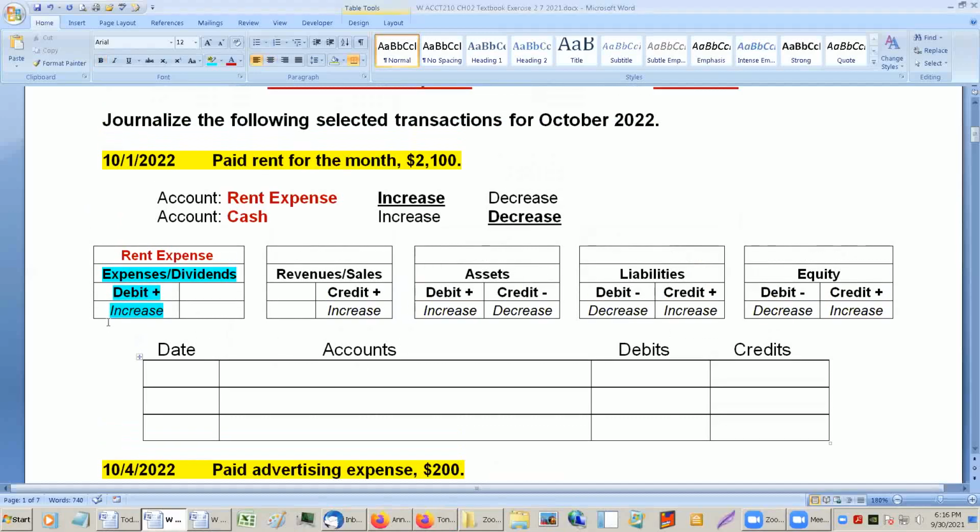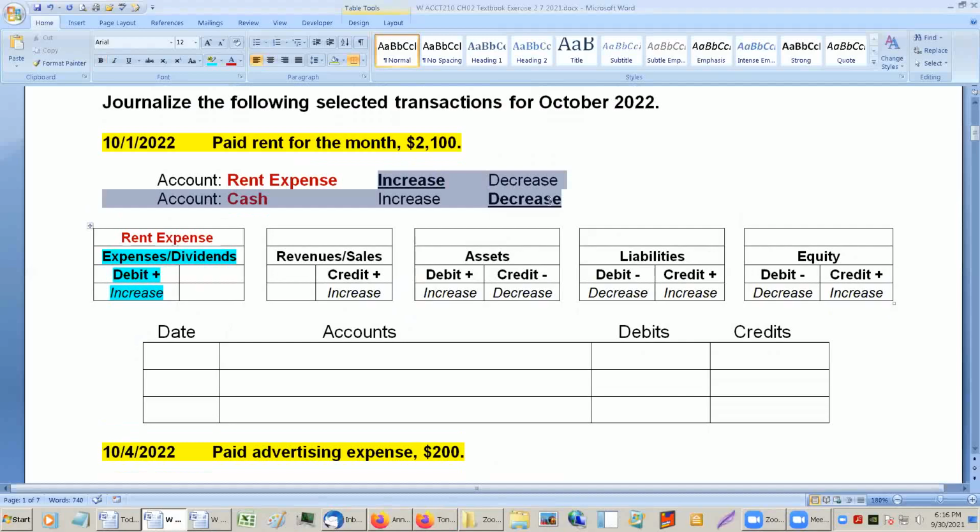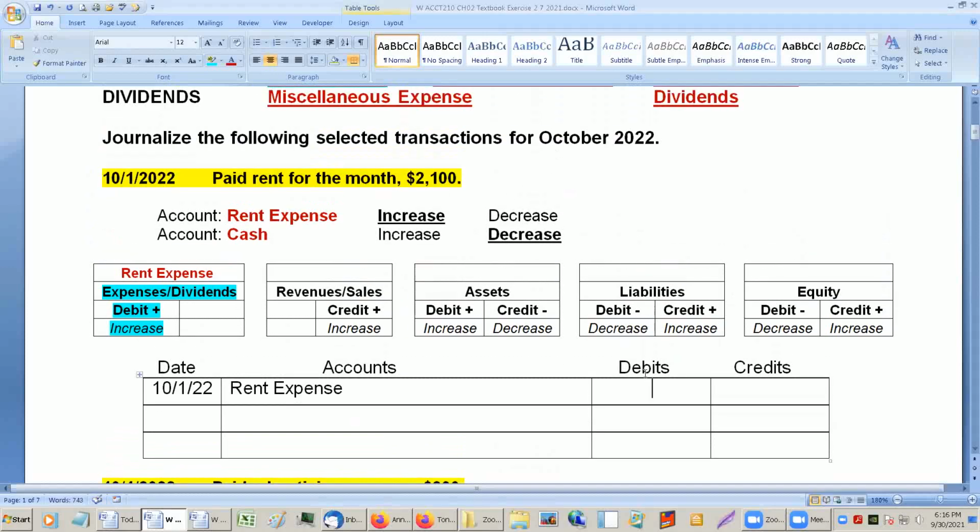So when you run into rent expense, you really don't even have to do this stuff. The second you say, okay, there's an expense here, it's a debit. Now I'll go ahead and put the other one up here, but truthfully, if you just want to make the journal entry, the minute you get an expense, you know what the other one is.